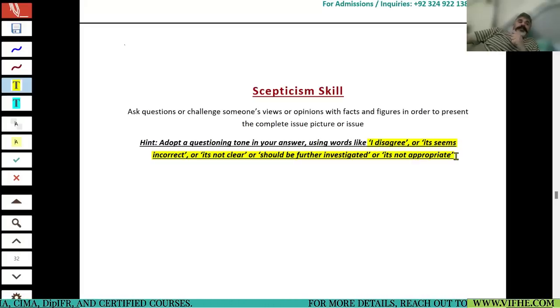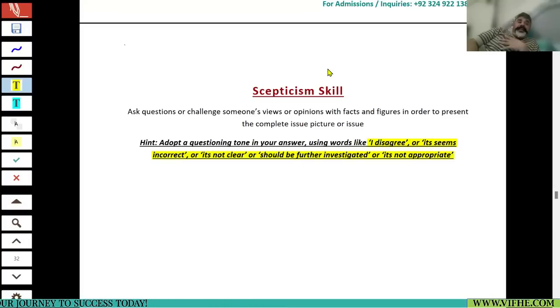In your exam, when the question says demonstrate skepticism, make sure that when you are drafting, adopt a questioning tone, adopt a challenging tone. You can use words like I disagree or it's incorrect. You have to use such words in your answer to demonstrate that you have that questioning mind or you have the guts to disagree or challenge someone. Is this clear? Skepticism.